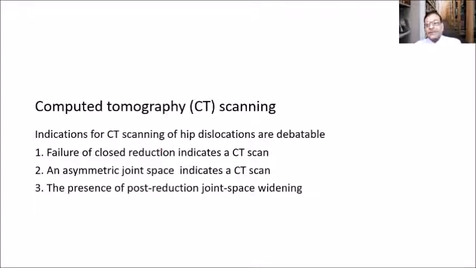Or when you have reduced it, but on the X-ray you find that the joint is not reduced concentrically, meaning there is a cup and there is a head and they are not concentrically reduced. One is away, so there is a mismatch. Then probably CT will help you. Or else you reduced and there is a widening of the space, and you still feel there is something widening the space between the acetabulum and the head.